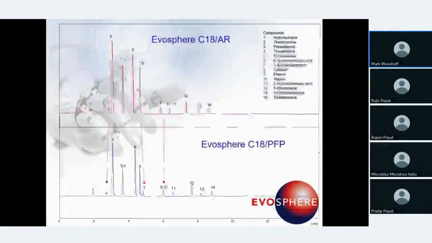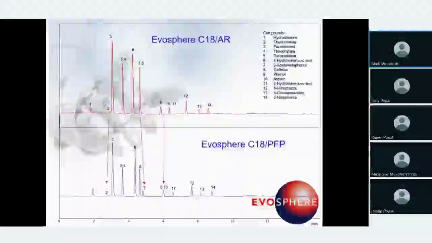However, on other test mixtures, here we have aspirin, paracetamol, and some of the metabolites that are included within those two compounds when they're analyzed. And you see that between the C18AR functionality and the C18PFP selectivity, we can now move some of those peaks around.